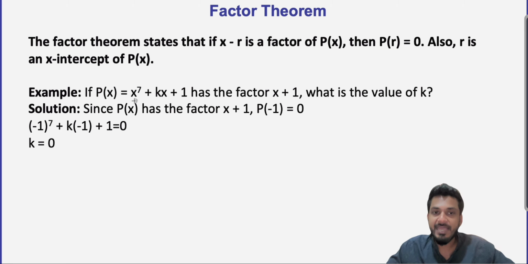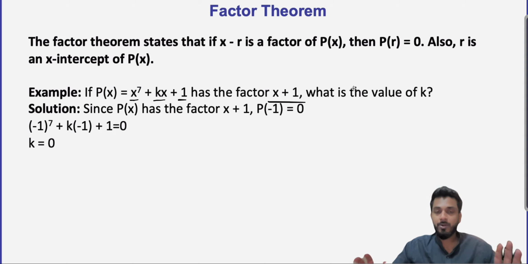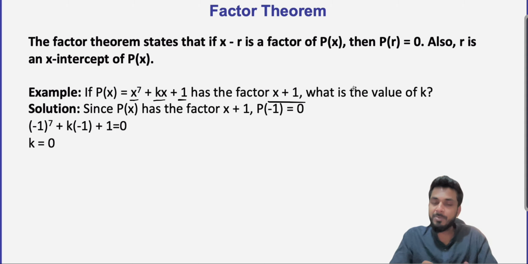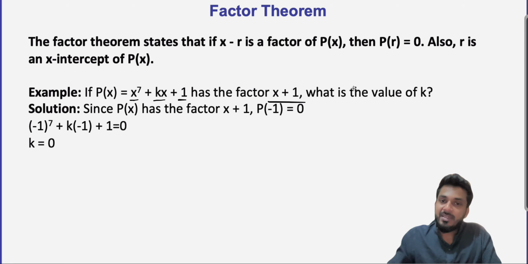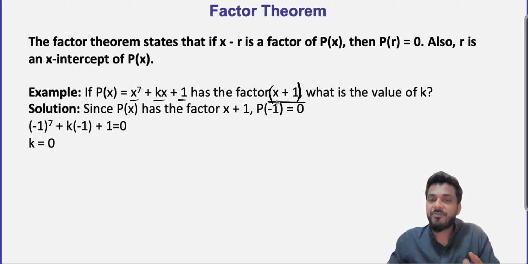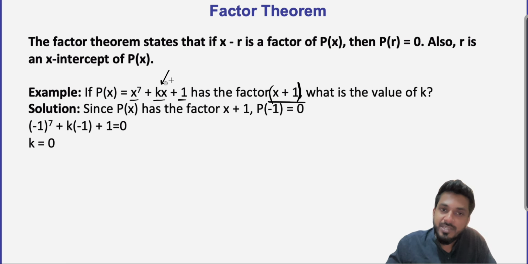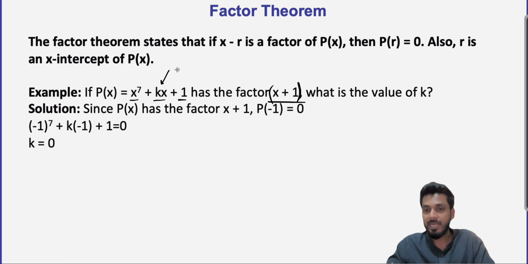Now consider one question. p of x is x to the exponent 7 plus kx plus 1 and has a factor x plus 1. Guys, questions based on the factor theorem and remainder theorem will usually give the information that a certain expression is a factor, and they will introduce some arbitrary constants in the polynomial.